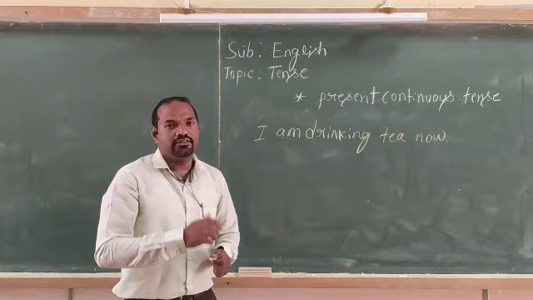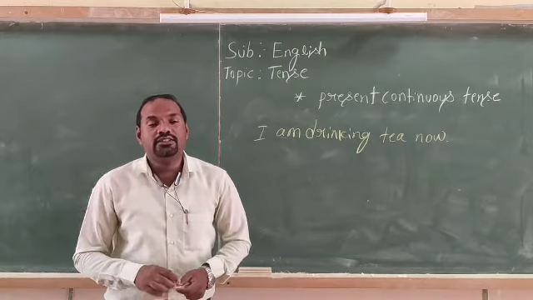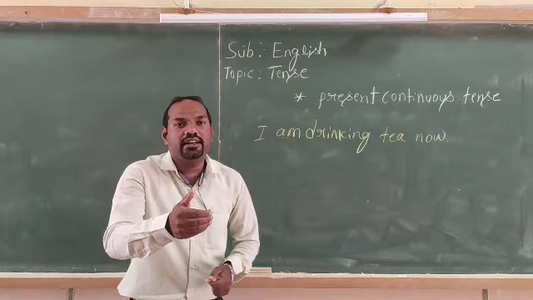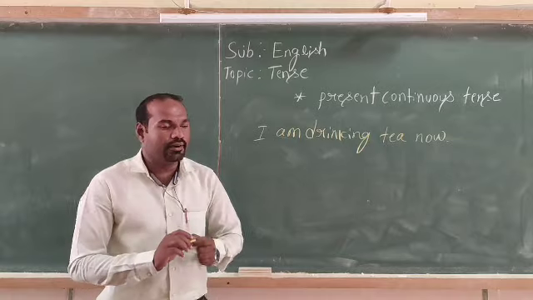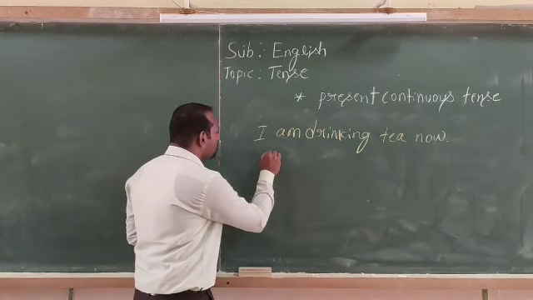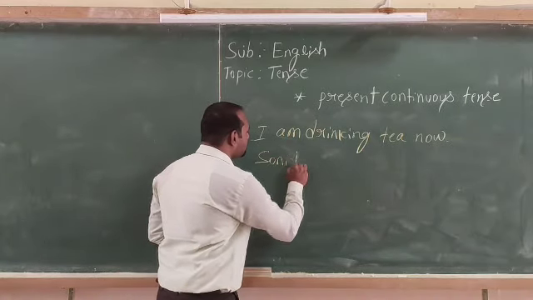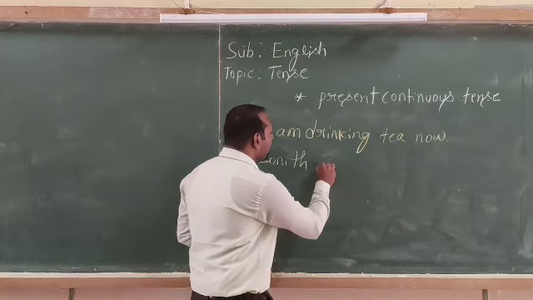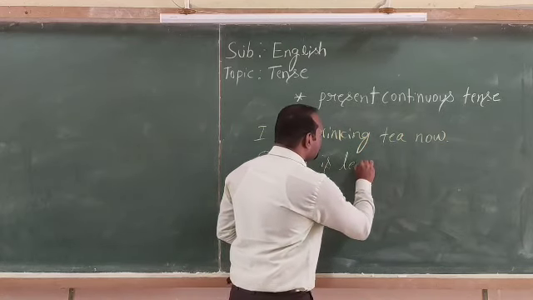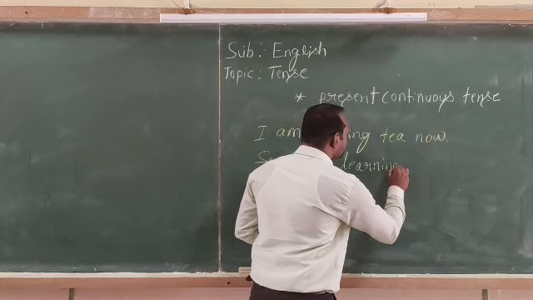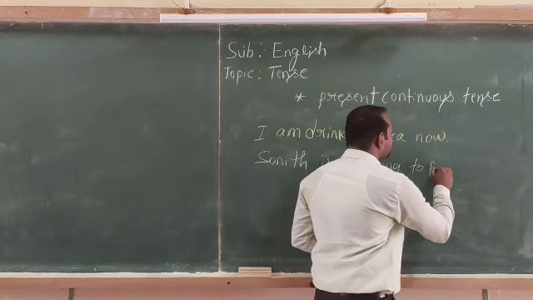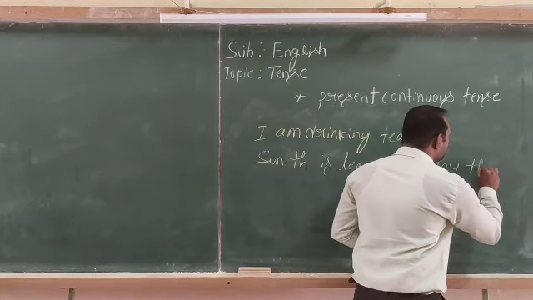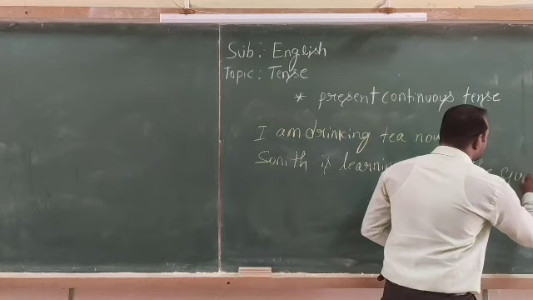And the second usage of the present continuous tense is to describe temporary activities. For example, I write on the board: Sonit is learning to play the guitar.